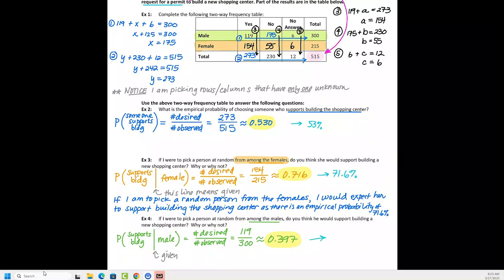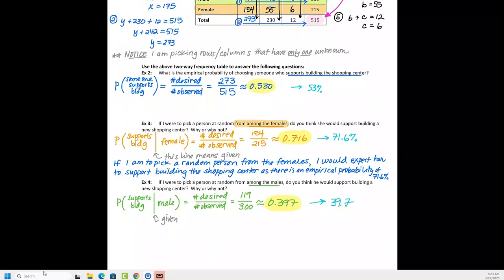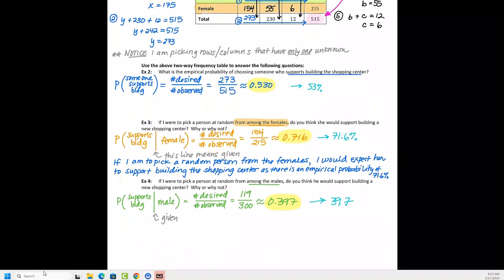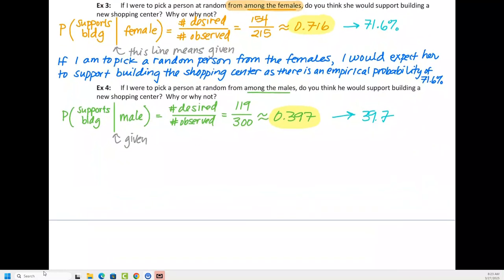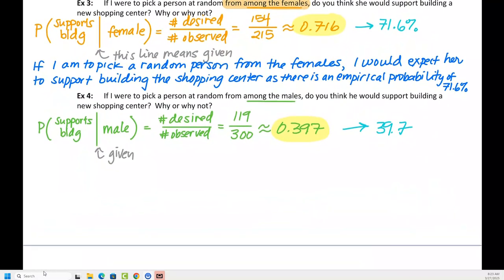And we know that as a percent, that's 39.7% of men would say yes. So do we think that the men would want to build a new shopping center if we came up and asked a random male? And the answer would be no.